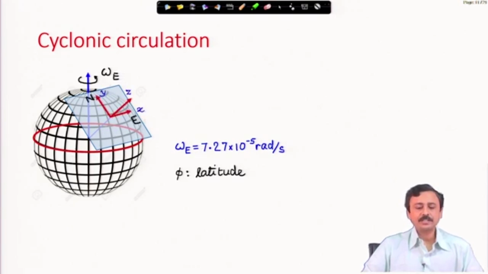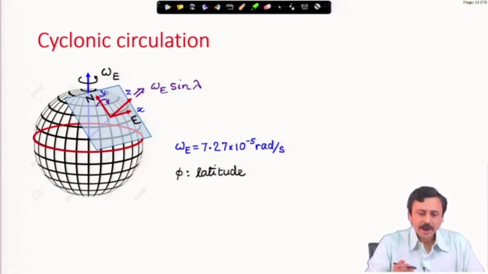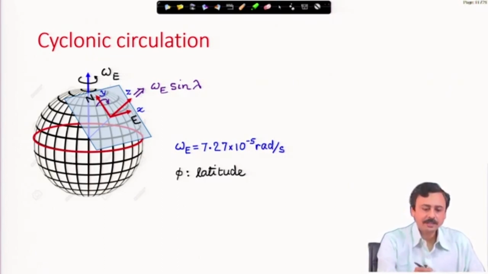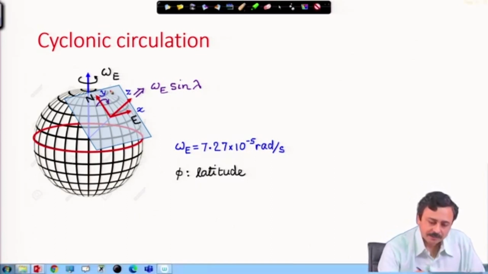I fix a coordinate system like this: in the east direction I have the x axis, towards the north at that place is the y axis, and the z axis is vertically upwards. Now, the omega of the earth, that vector, can be represented in this coordinate system. In the figure it is a vertical line, and at latitude phi this angle must be phi.